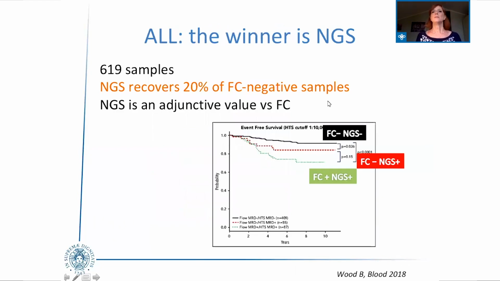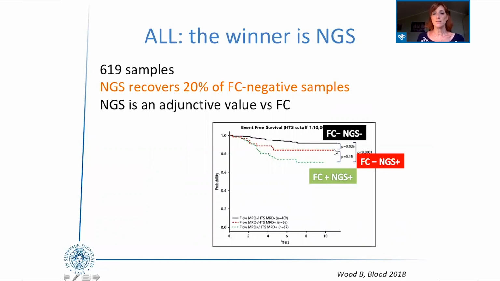You can see here ALL. This is the curve of survival of patients that resulted MRD negative both by flow cytometry and by NGS. This in red, the curve of survival of patients that were considered as MRD negative by flow, but resulted MRD positive by NGS.